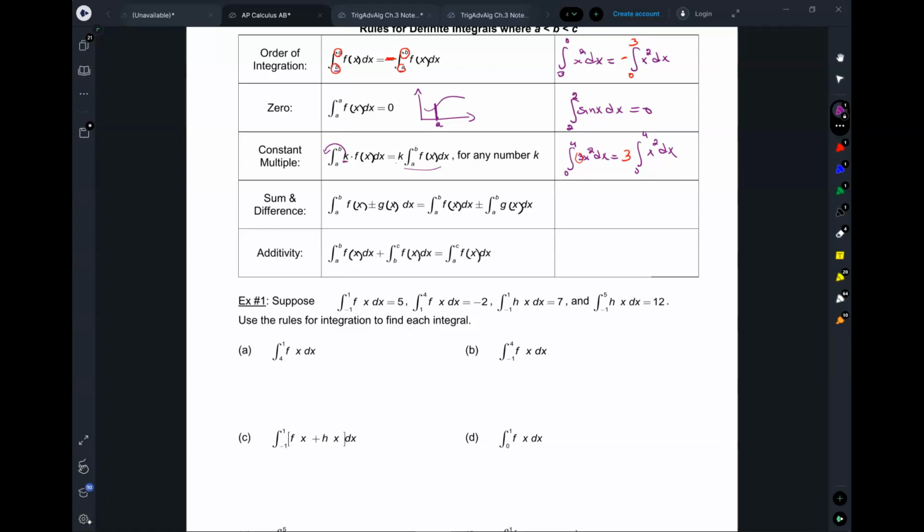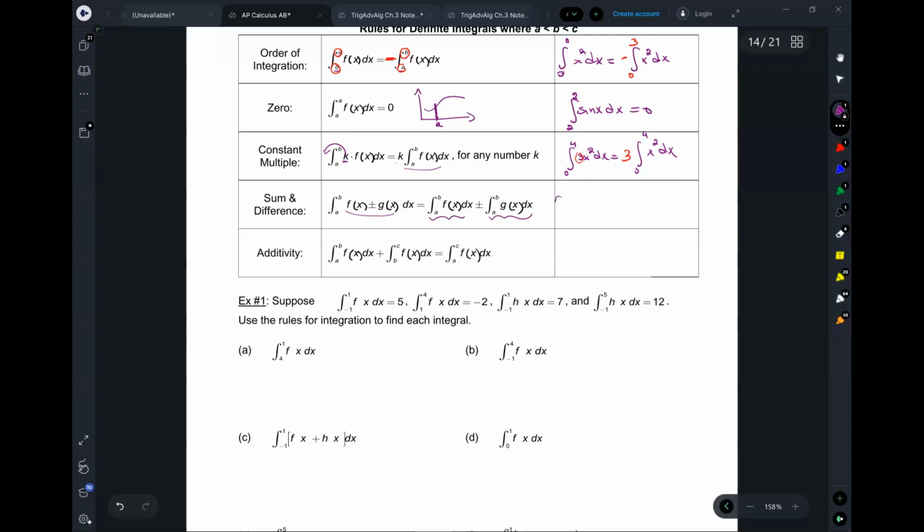Okay. Sum and difference. If you have the integral of two functions added to each other, you can separate the functions into their own integrals. So you can do integral of f of x dx plus or minus integral of g of x dx.